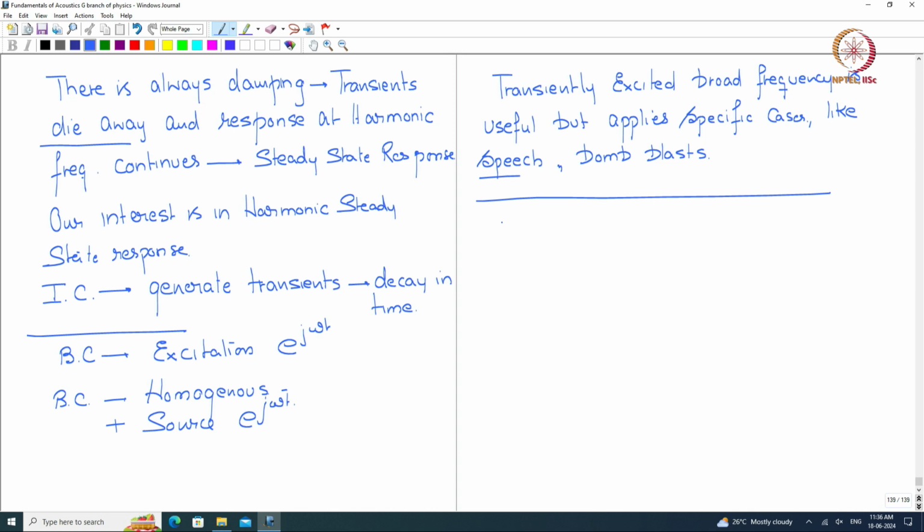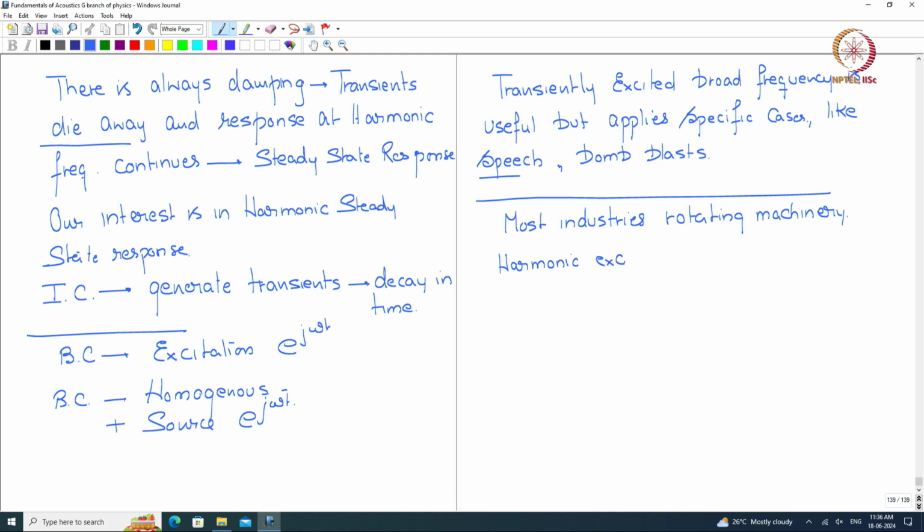However, in most industries, rotating machinery is very common. A lot of machinery that we come across has rotating components. So repetition in movement, repetition in vibration, harmonicity in vibration. So harmonic excitation is of importance.